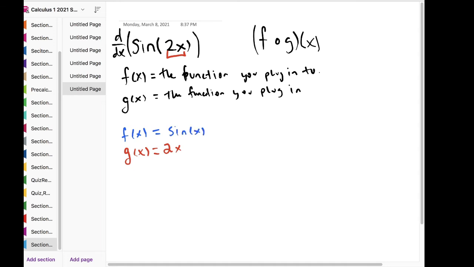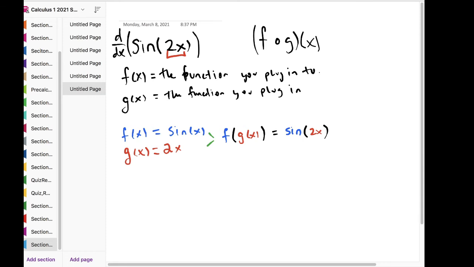Right, if I put them together, f of g of x is equal to sine of 2x.